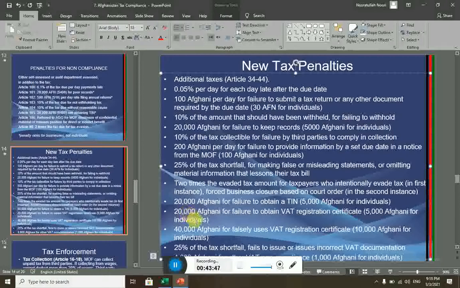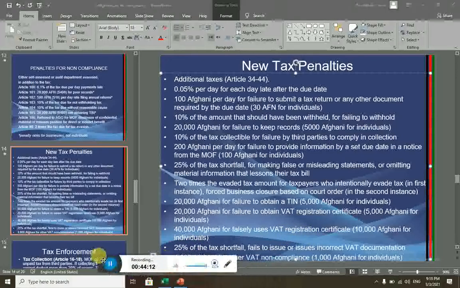That's also new. For failure to obtain a VAT registration certificate, VAT is going to be applicable in Afghanistan in upcoming years. It will basically replace the business receipt tax. 4,000 Afghani for falsely using VAT registration. That's also new.